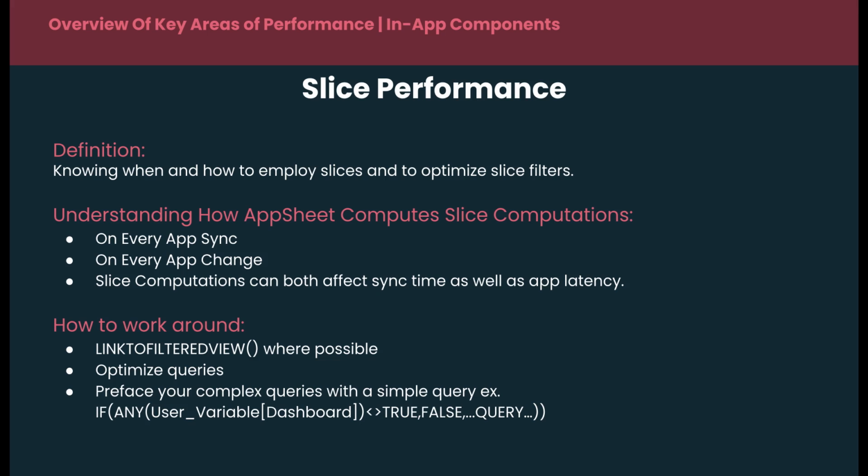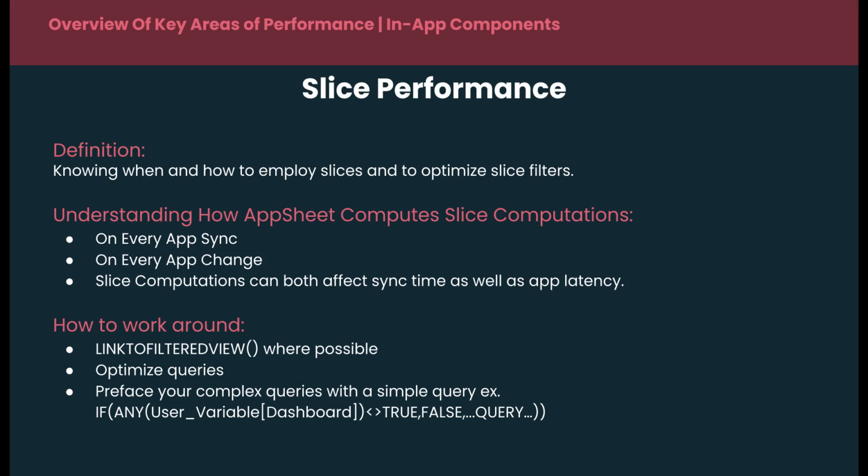So this can be really intensive on AppSheet's computational engine, and it can affect not only sync time but also app latency. Latency is whenever you click a button and you have to wait 3 seconds before your screen changes. That could be an indicator that you have a slice that is trying to perform a lot of computations, and you want to do what you can to optimize that.